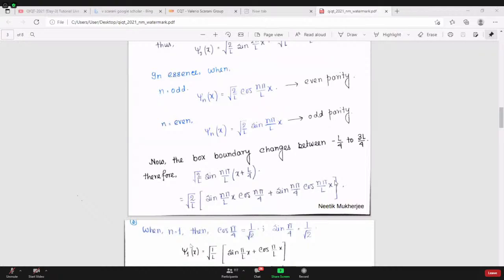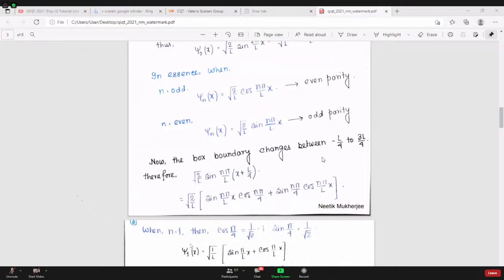Because if you think that you are just shifting your coordinates, then it means that all of them have the same wave function. If that happened, but actually it's not happening, because the position of the boundary means you are experiencing a barrier at different points in space. Is it clear to you?